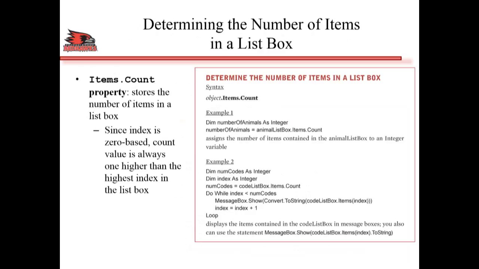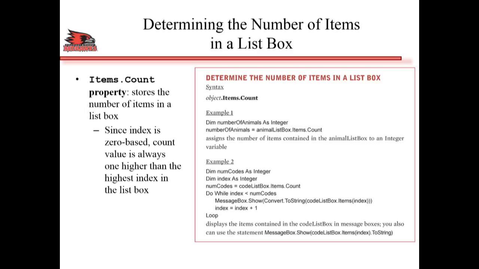Now there's a handy line of code which can give you the number of items in a list box, and that's given here: object.items.count. This count property stores the number of items in a list box, and you can use this count property to loop through all the items in a list box. That's done in example 2.